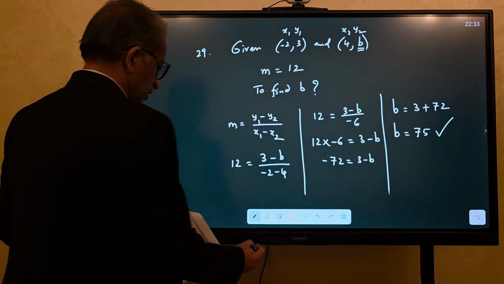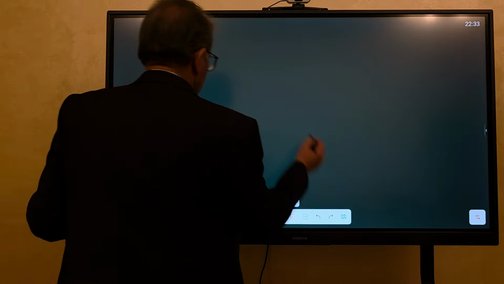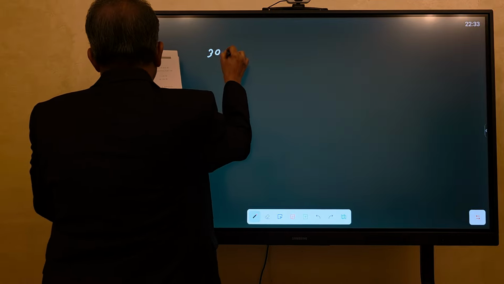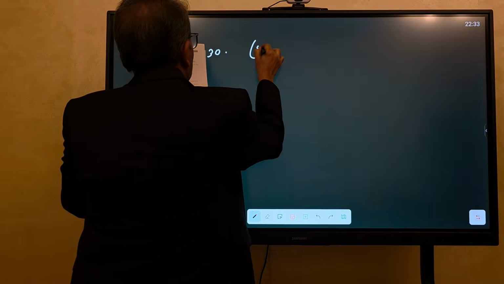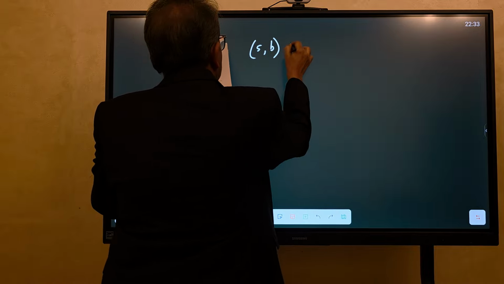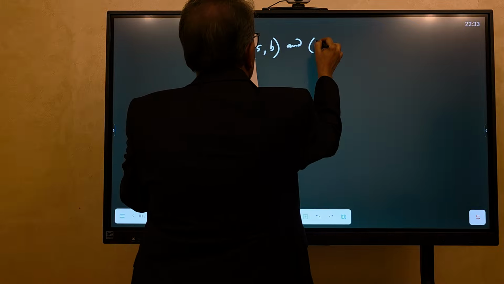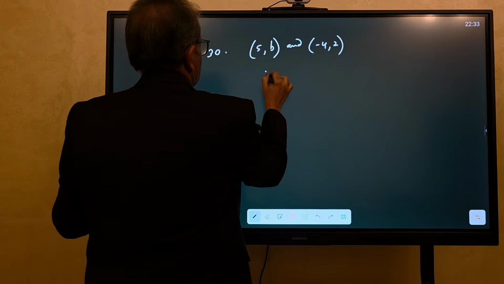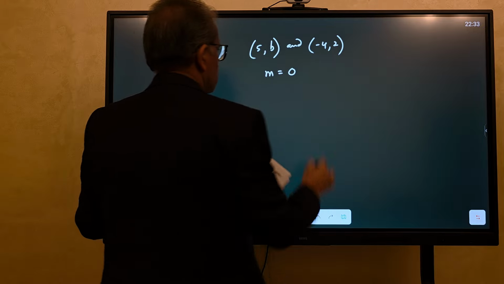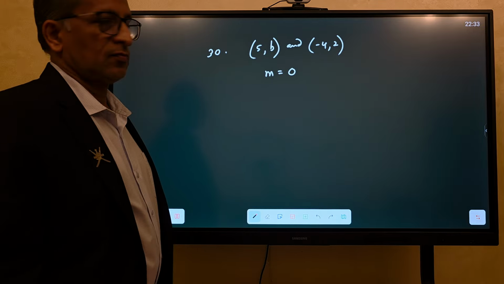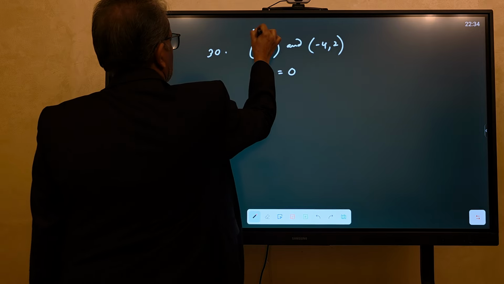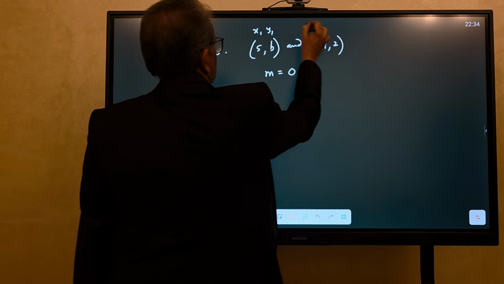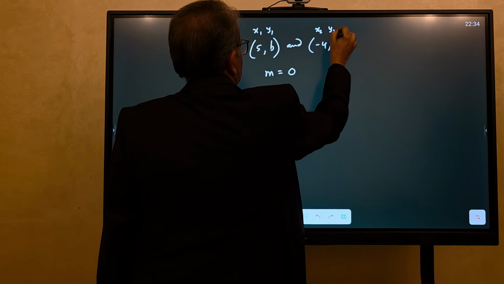Let's do number 30. What is given? The points (5, b) and (-4, 2), and the slope is also given, 0. Same x1, y1, x2, y2.